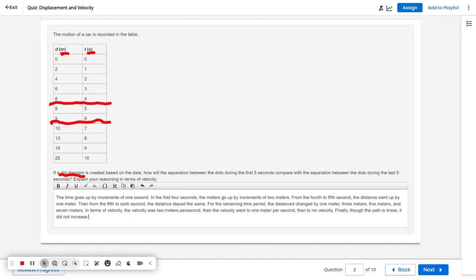I would say proportionally. Yes, because to increase consistently, it has to be the same increase in order to gain a good speed.